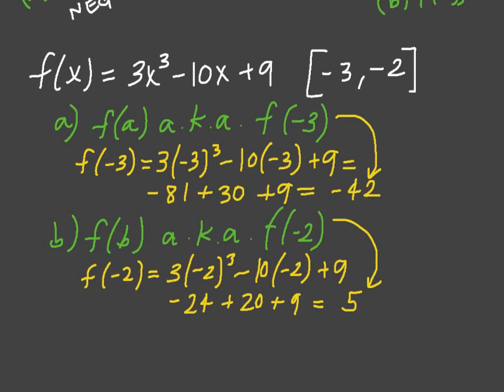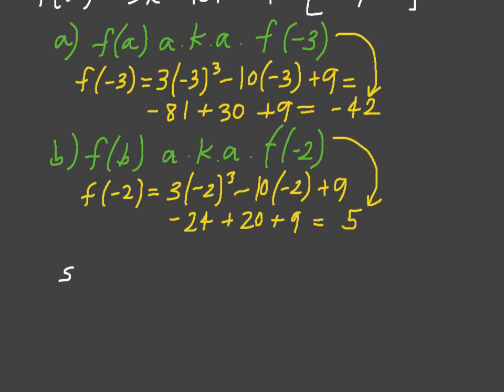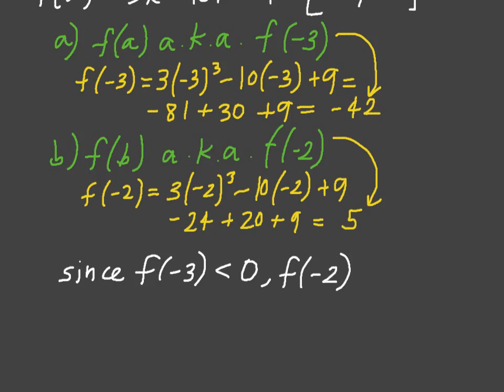So basically, intermediate value theorem says that since f of negative 3, we got negative 42, I'm just going to say is less than 0. It was negative. And f of negative 2, that was 5, so I'm going to say is greater than 0, positive.